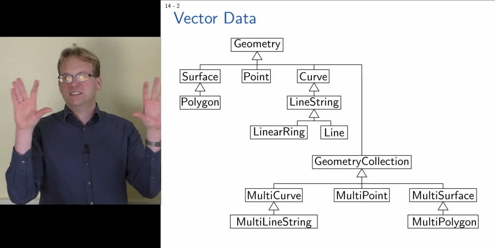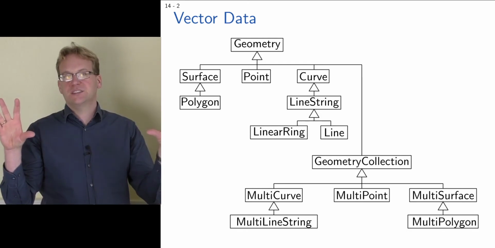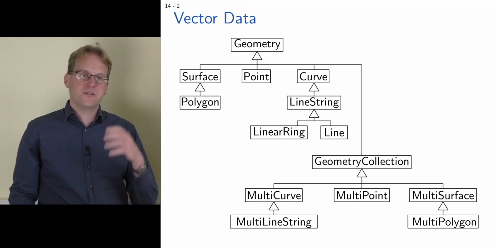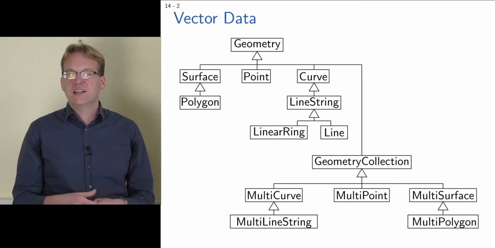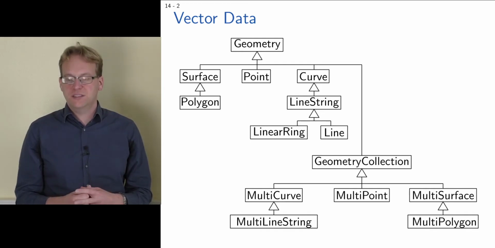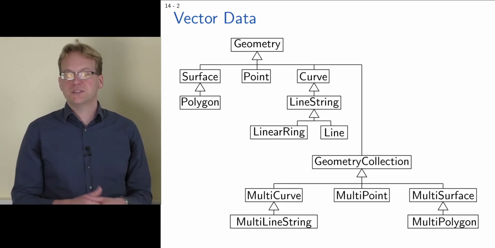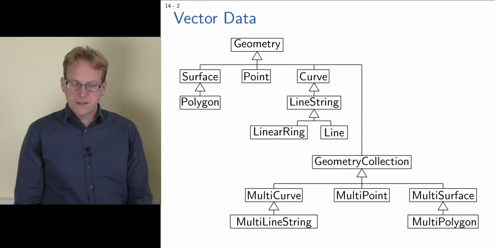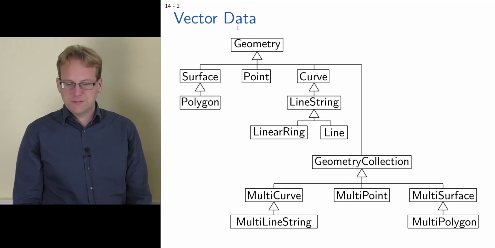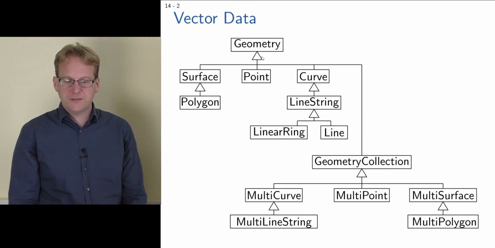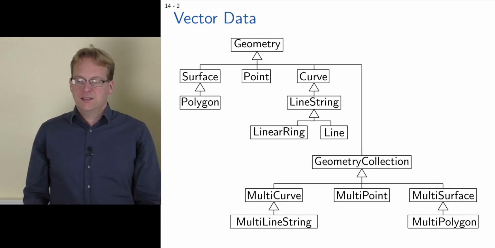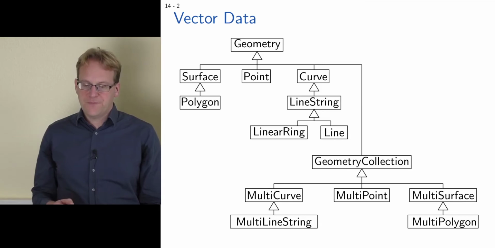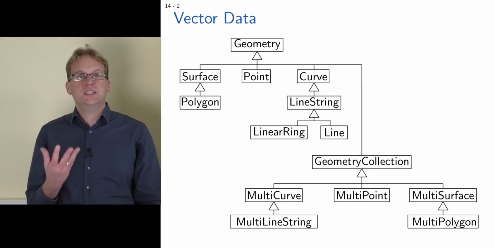So that just says that everything is a geometry, no matter whether you have a polygon, a multi-polygon or a line string; all of these geometry classes are geometries. And this concept is useful because some concepts can be defined for geometries in general.